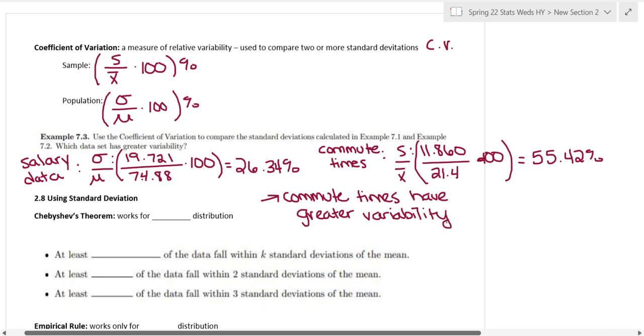The set is more spread out. That's why it has greater variability. So we're really just calculating that for the 7.2 and then, which one is which.